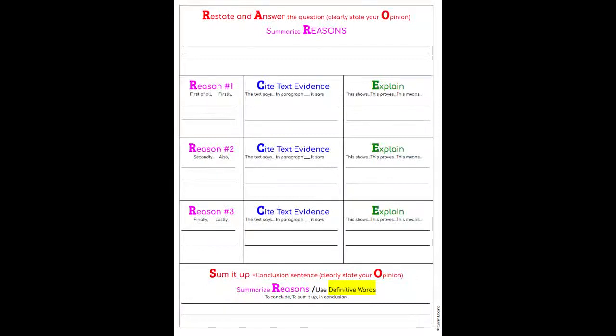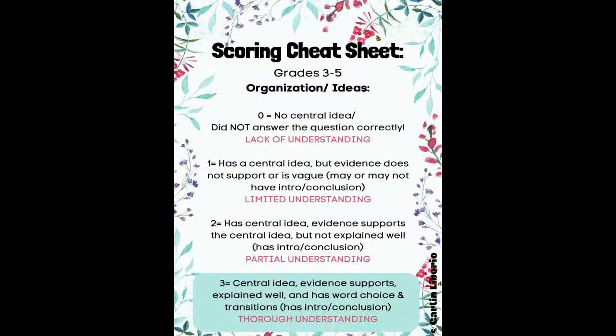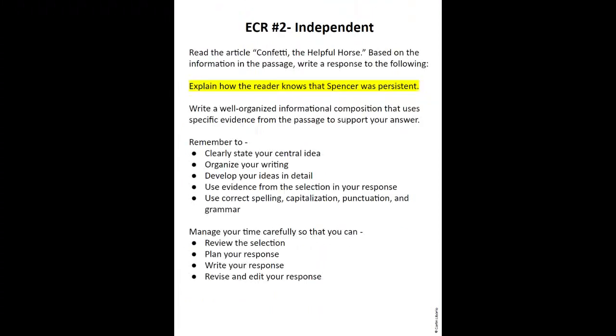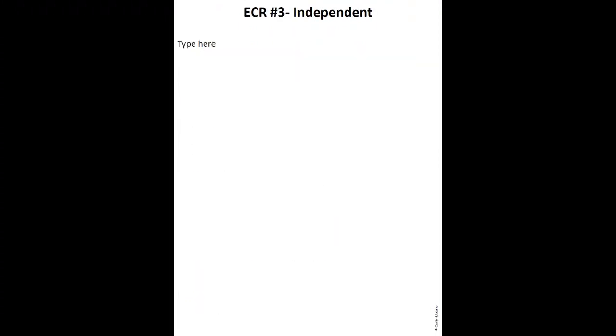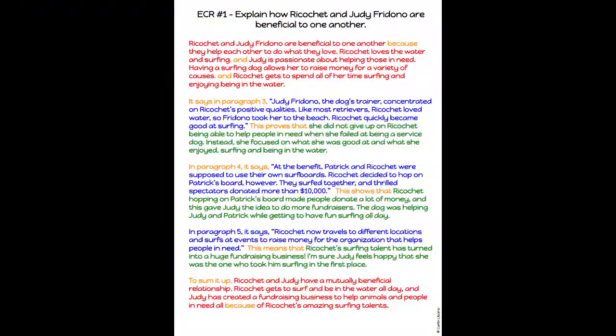This is the argumentative planner, checklist, scoring cheat sheets, and here are all the ECRs. And then this shows you, like I said, the color coding.